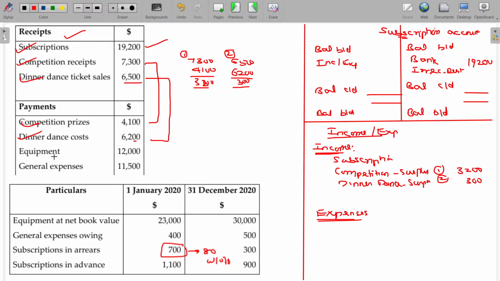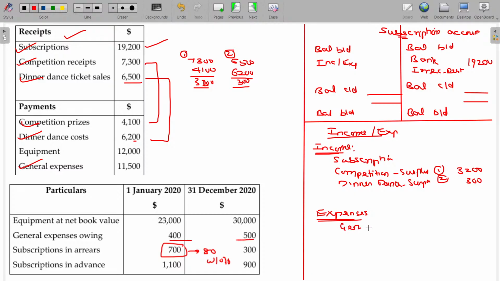Equipment we will incorporate later on. As it's a capital expenditure, it will not come here, but depreciation on the equipment will be posted in the expenses side. General expenses 11,500. Again, here general expenses related owings are there.